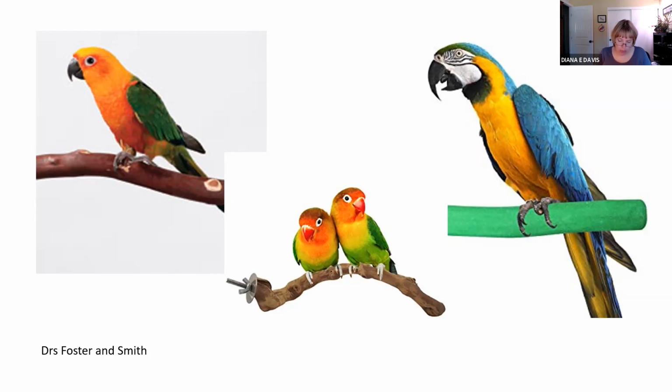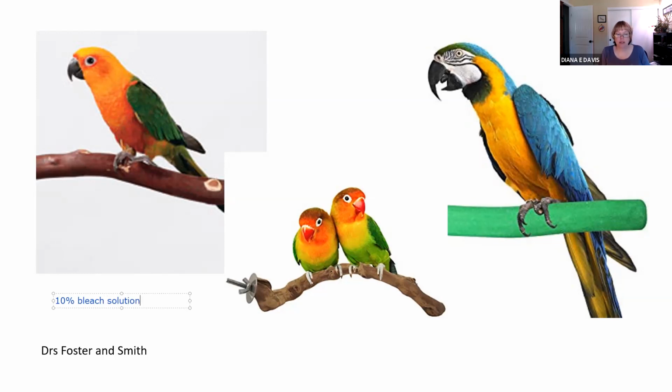Bird perches should be washed periodically. When we are washing bird perches, and a lot of things that we are cleaning with birds, you want to use what's called a 10% bleach solution.